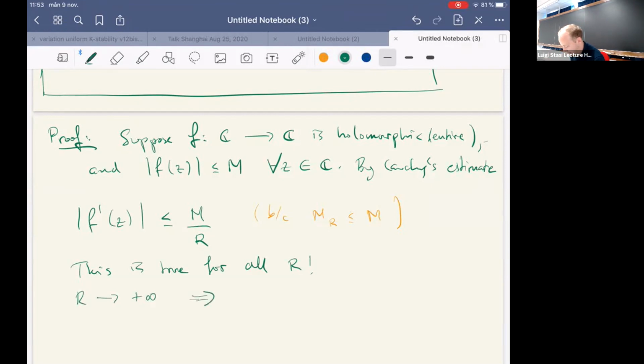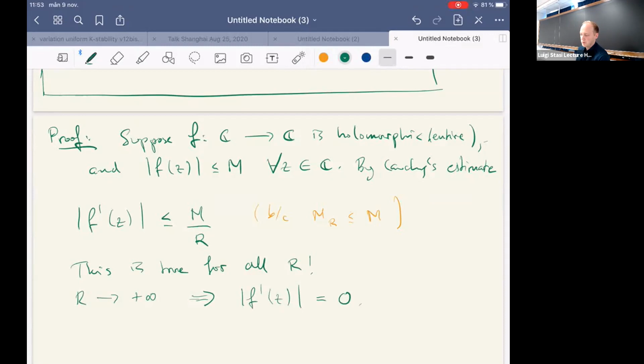This will imply that the absolute value of f prime of z is always less than or equal to any positive epsilon. And of course, it's not a negative number, so there is only one choice. In the end, we get that the absolute value of f prime of z is equal to 0.